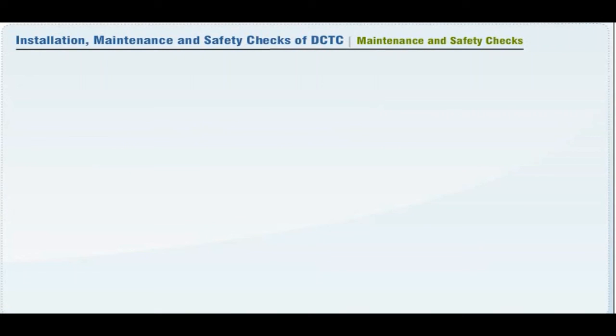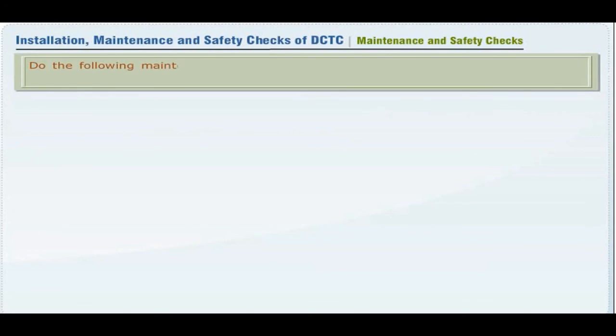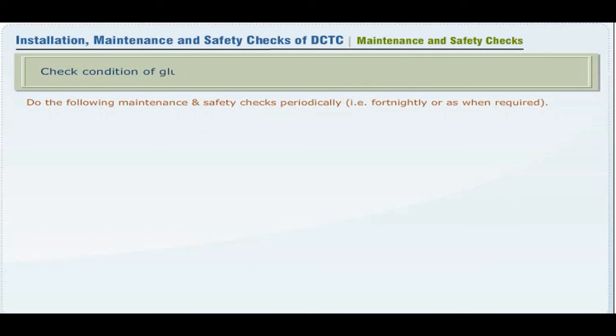Maintenance and safety checks for DC track circuit. Do the following maintenance and safety checks periodically, viz. fortnightly or as and when required. Check condition of glued joints or block joints.